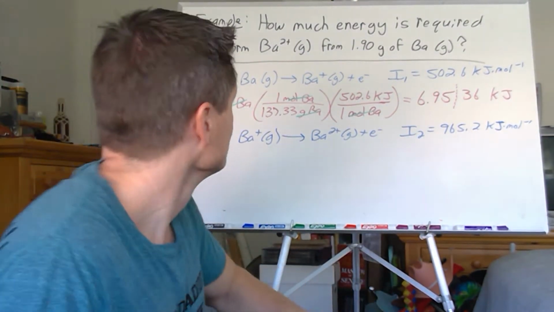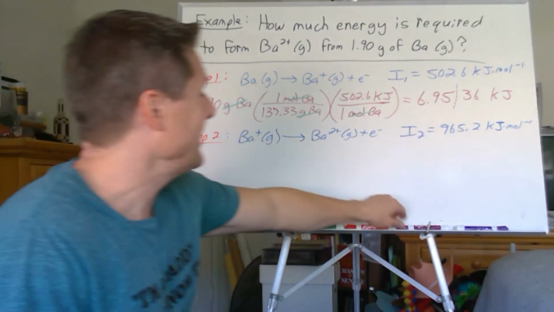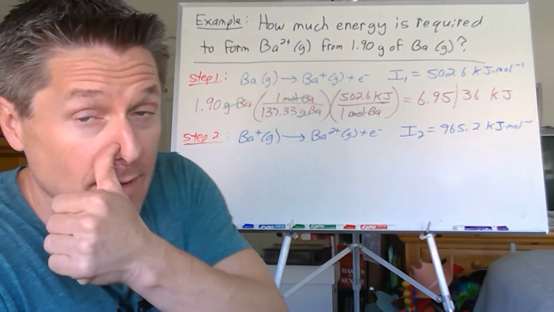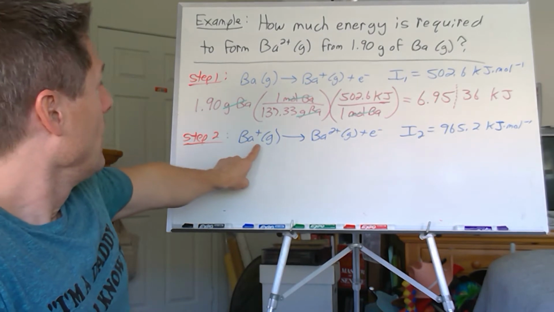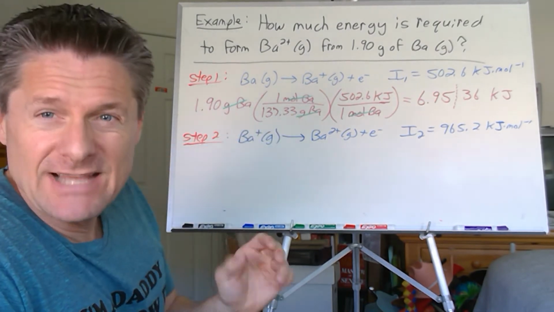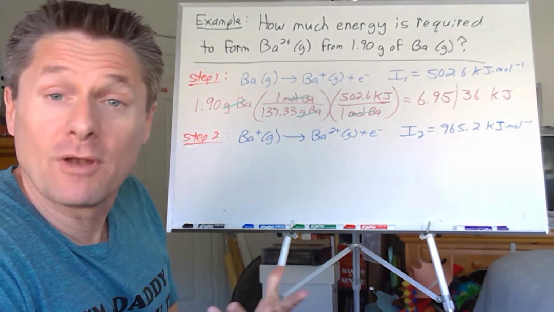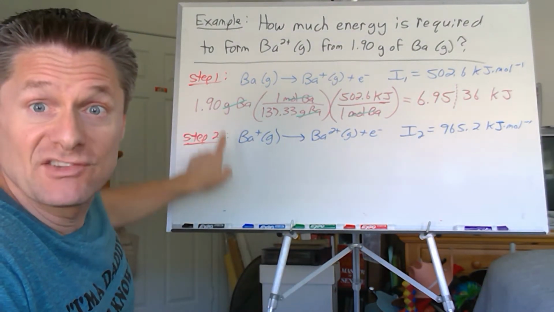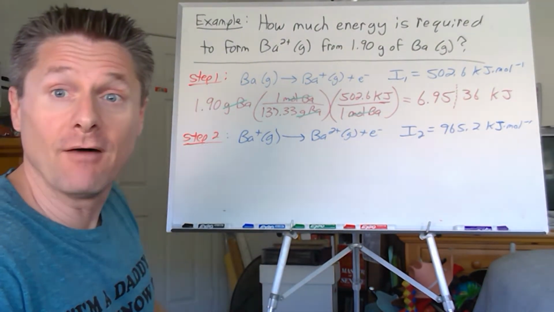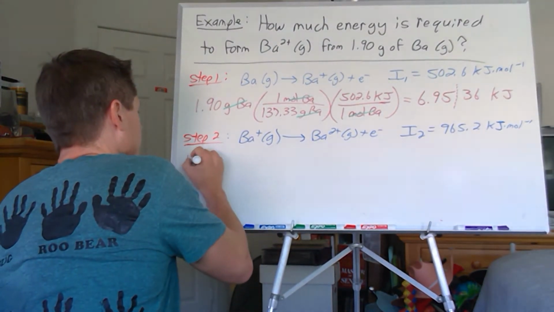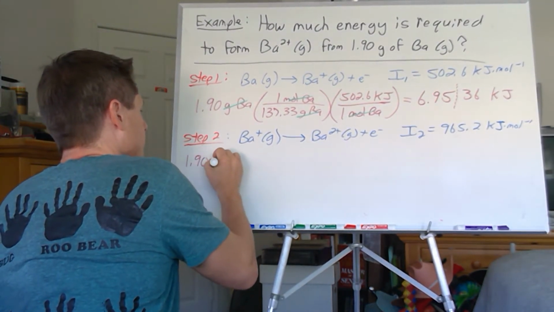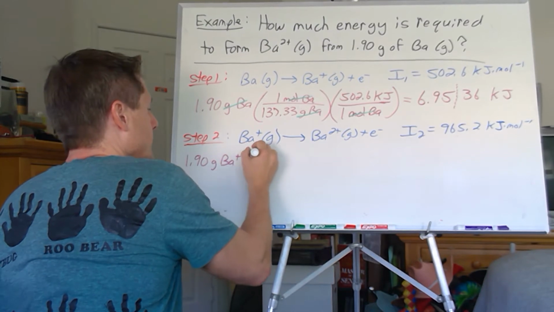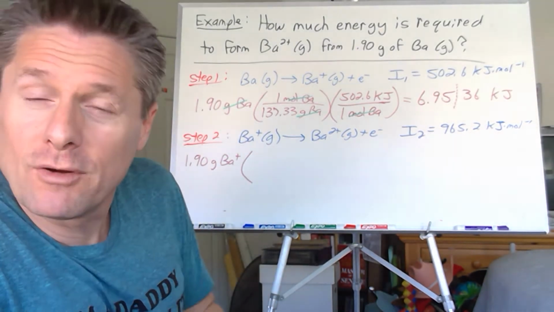That'd be a pain. Well, let's do exactly the same calculation. Now we have to make an assumption. We have to look at the molar mass of the barium ion. We're assuming conservation of mass, so we still have 1.90 grams of Ba+. What molar mass do we use?